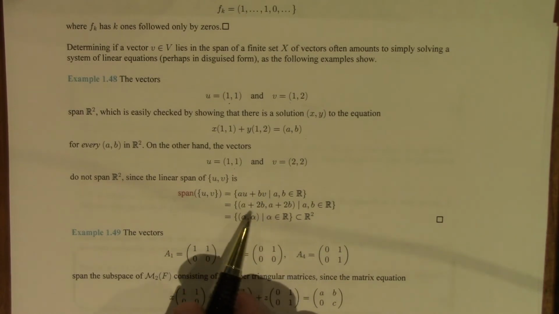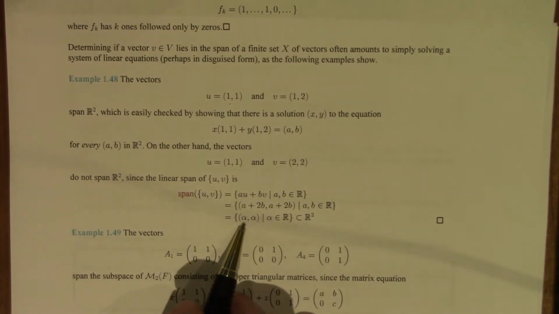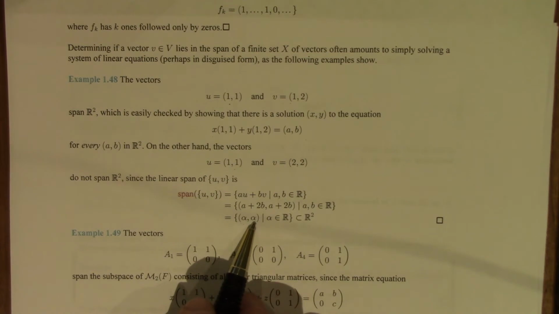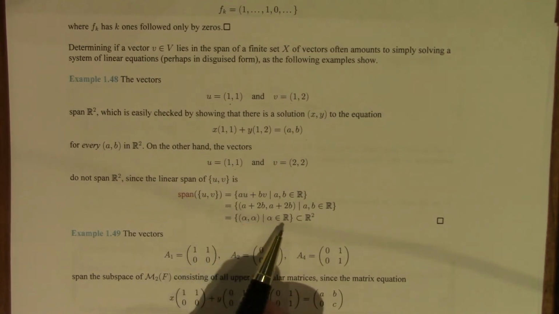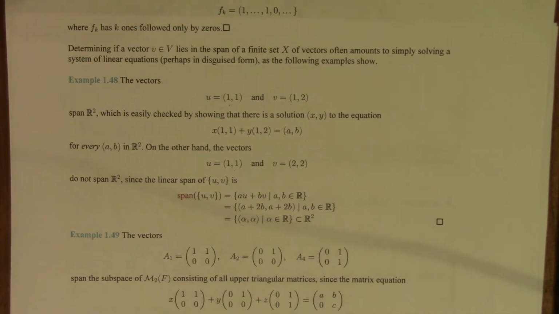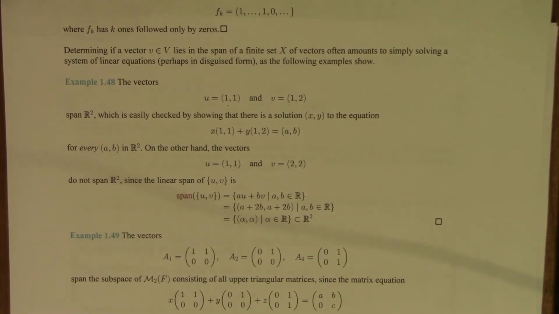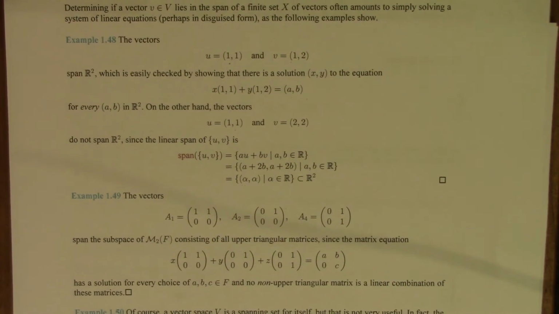That's the set of linear combinations, and they look like this. They're the ordered pairs where the two components are equal. This is, in geometric terms, the 45-degree line through the origin. It's not the whole plane.